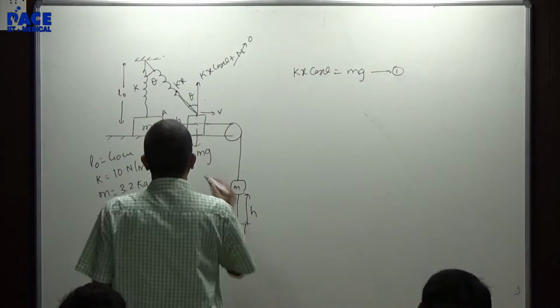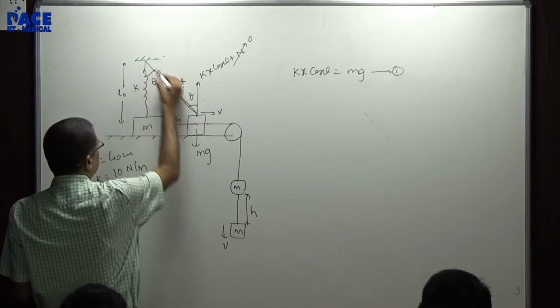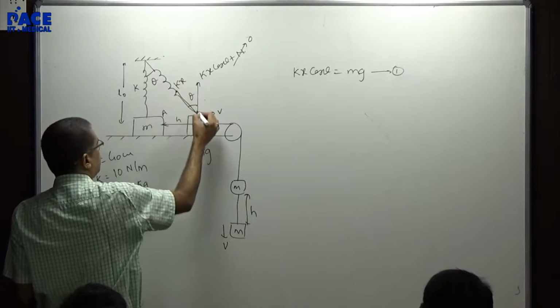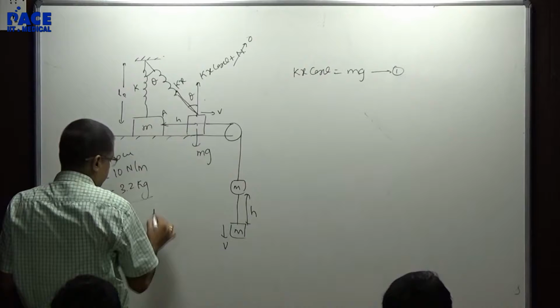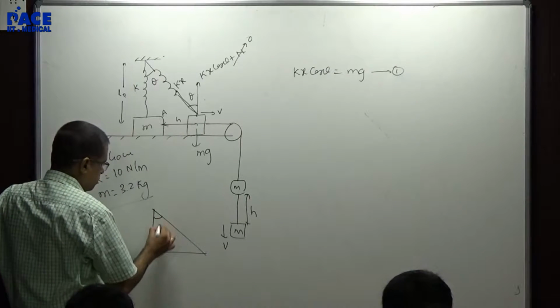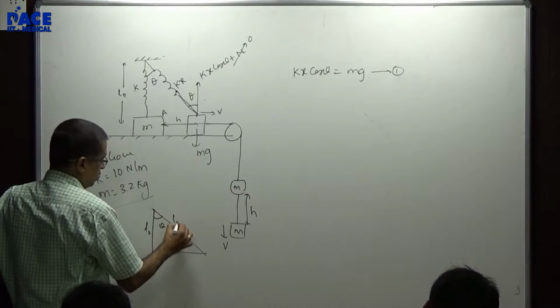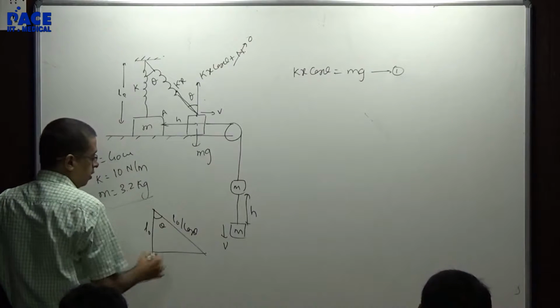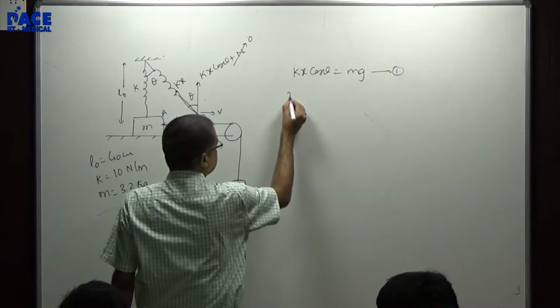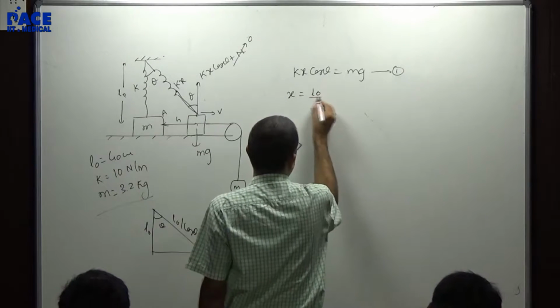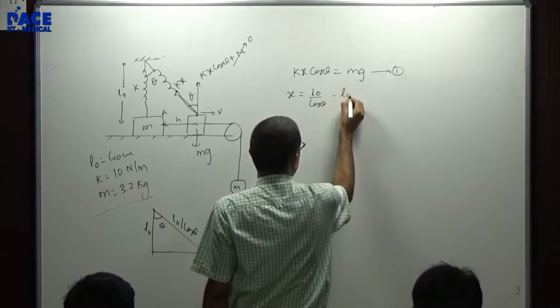You will have to eliminate both of them or give me a relation between the two. How do I get that? Observe this. What is the present length of this particular spring? L naught by cos theta, yes or no? This is theta, this is L naught. The elongation will be this minus this. X is equal to L naught by cos theta minus L naught.